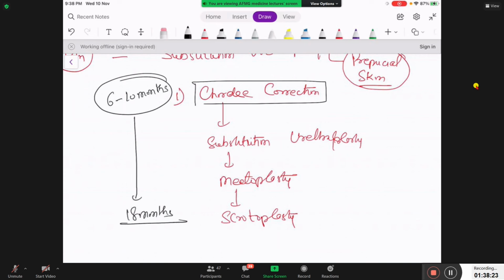So best time of repair for hypospadias, if asked, it is 6 to 18 months. If not in the choice, then 6 to 10 months. And they can ask you what is the best season also. They have asked it. They can stoop down to any level. The best season is winter season. Not because it's a romantic season, because the healing is better.